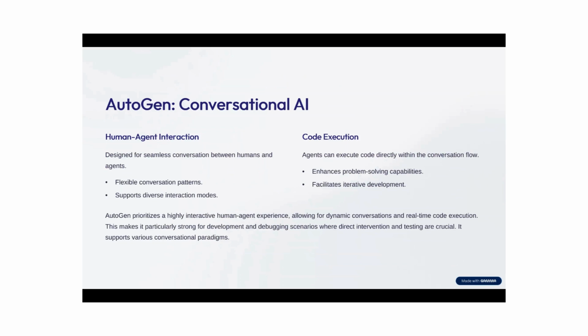For example, human agent interaction, like conversational AI. Whenever you are talking to a chatbot, let's say in the same e-commerce application, as an end user, and you are asking about your order delivery and all those things, that chatbot interacts with different AI agents behind the scenes.